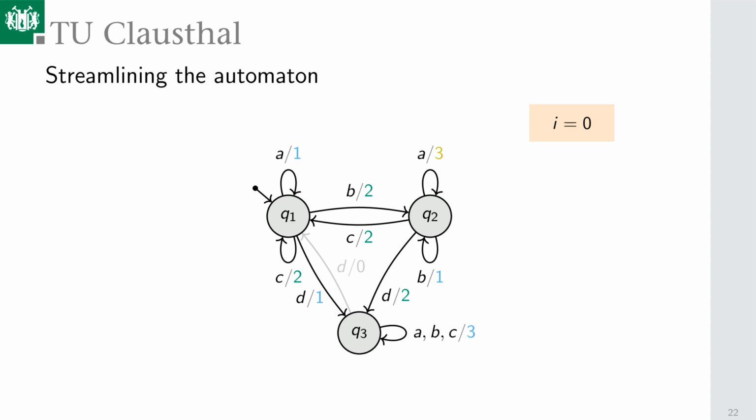In this case, because a transition was just recolored, the construction considers i equals 0 again. Again, the automaton is decomposed into strongly connected components, and the colors of the transitions between those are changed to 0. Here, the transitions between the upper and lower parts now obtain a color of 0 as well.